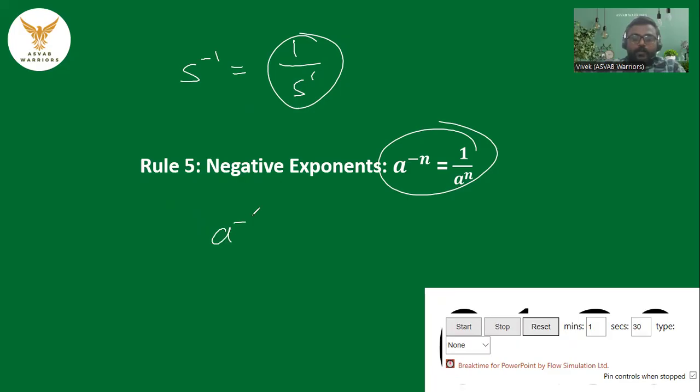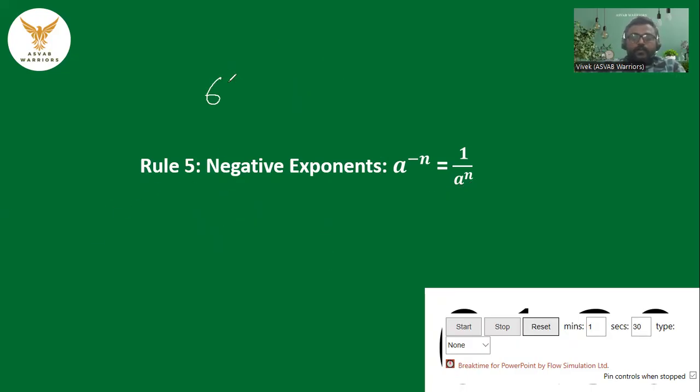So a to the power minus n is equal to 1 over a to the power positive n. So if it was like this, 6 to the power negative 2, you can just take the reciprocal of it and make the power positive. So 1 over 6 to the power 2 is what you will get.